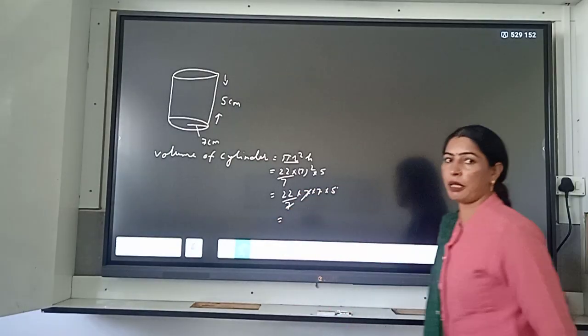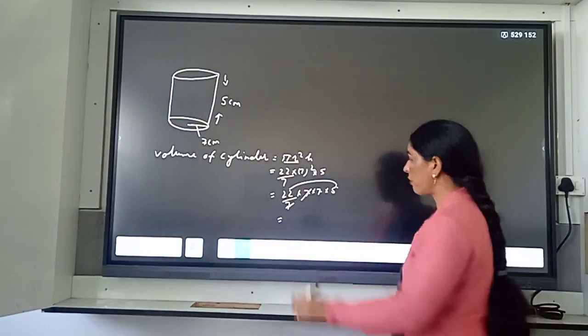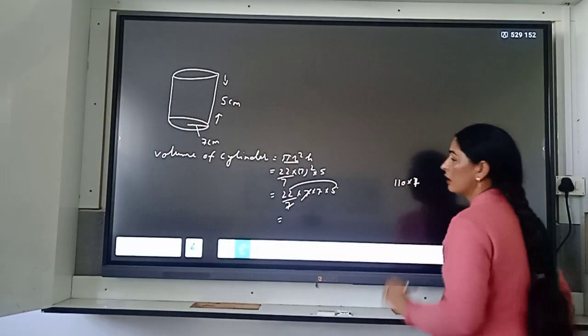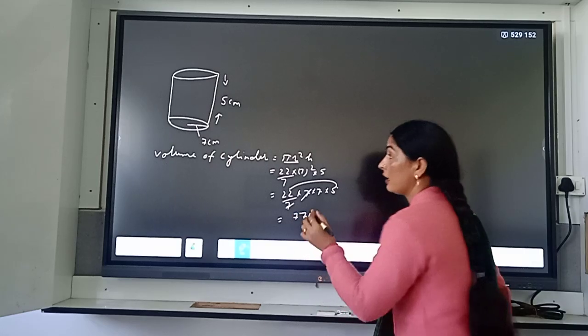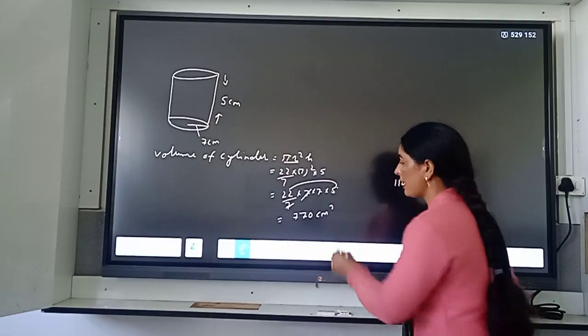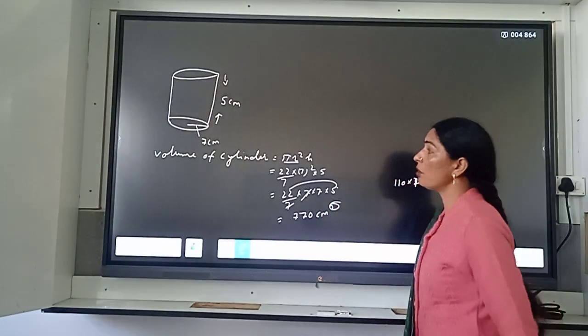Now we multiply. 22 times 5 is 110, and if you multiply by 7, what is the answer? 770, and this is the volume, so it is measured in cube units. So always write cube on centimeter, because we count it in cubic units.